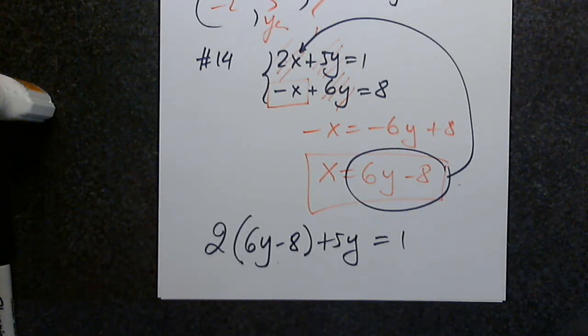One more time, in this system neither equation was solved for a variable. We had to pick one, and we will always pick the variable that has 1 or negative 1 in front. What if I don't have that, and I can't simplify? Then I will not use substitution. I will use elimination.